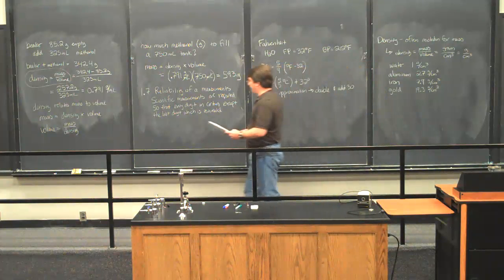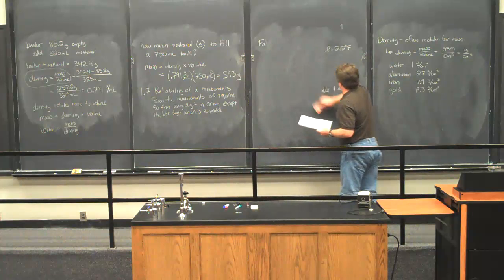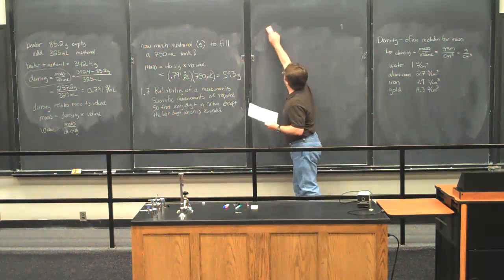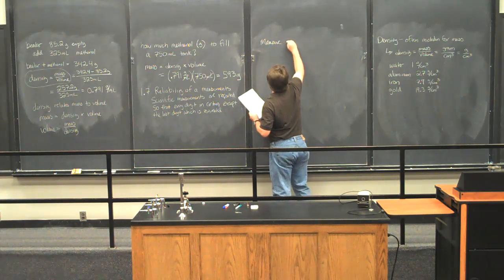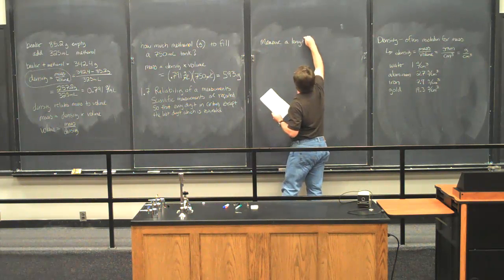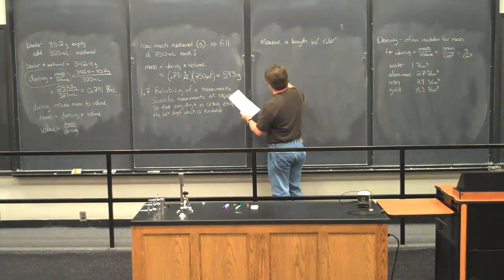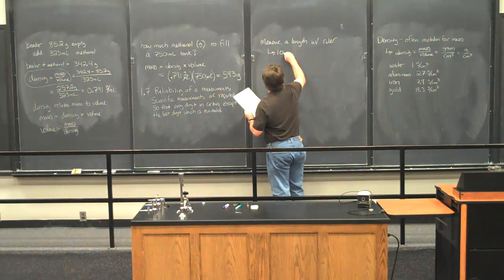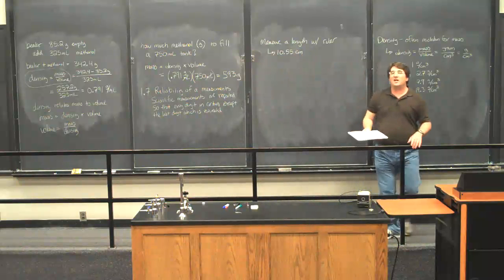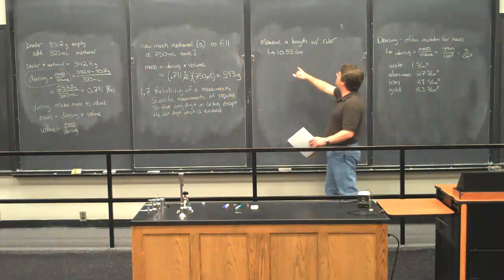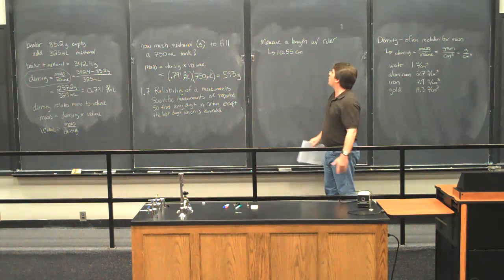So if you measure a length with a ruler, you might say that the length is 10.55 centimeters. And you would say 10.55 because on a standard ruler, you would have gradations of 1 millimeter.